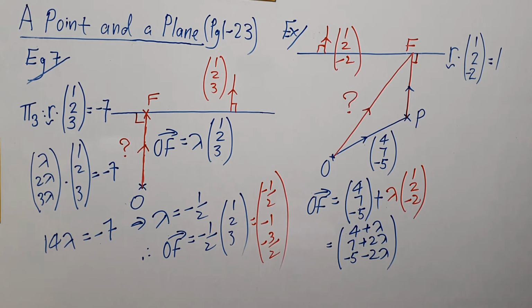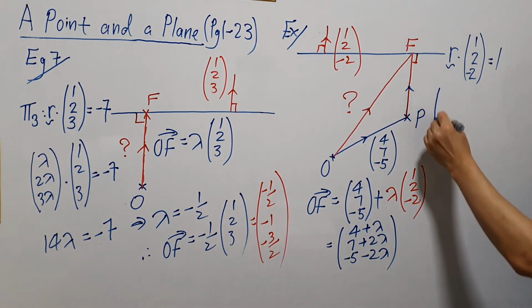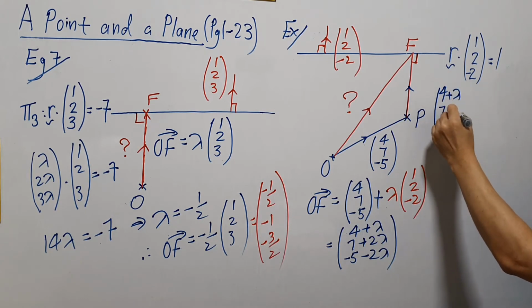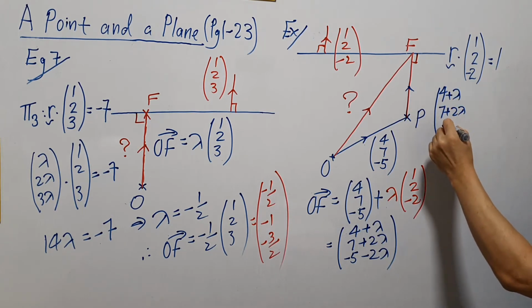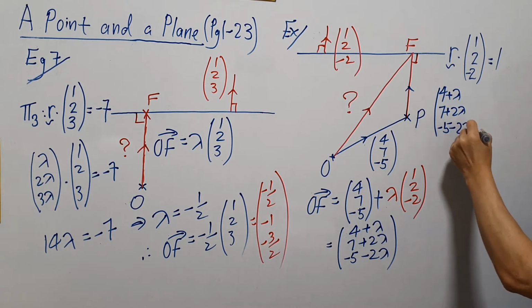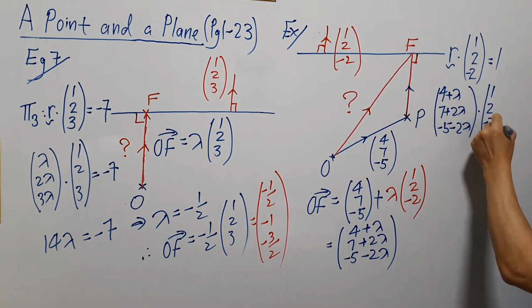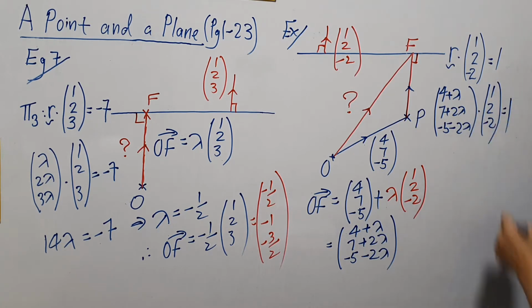So I can now put it in like this: 4 plus lambda, 7 plus 2 lambda, minus 5 minus 2 lambda, dot with 1, 2, minus 2 is equals to 1. Do you get it? Because it is a point on the plane, this point satisfies this equation. So I plug it in, and then from there I work out the value of lambda.